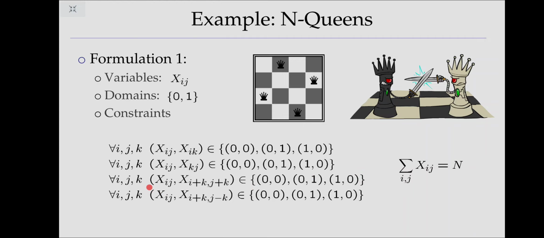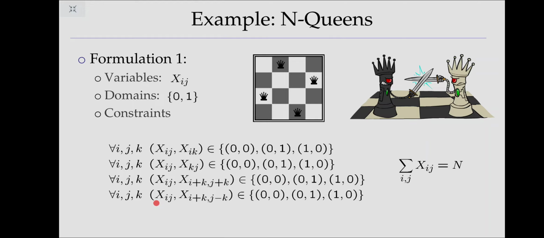For the third, for the diagonal, xij and x i plus k, j plus k. They are located in a diagonal. Because of that, at most one of them can be assigned 1. The other is 0.